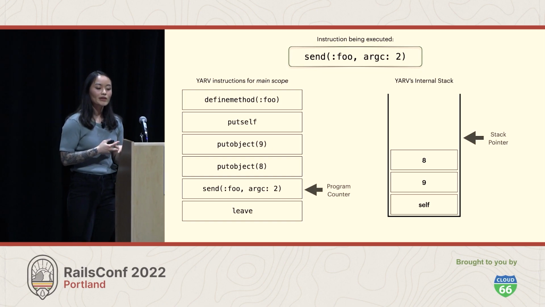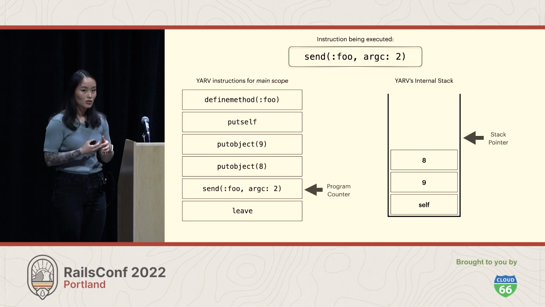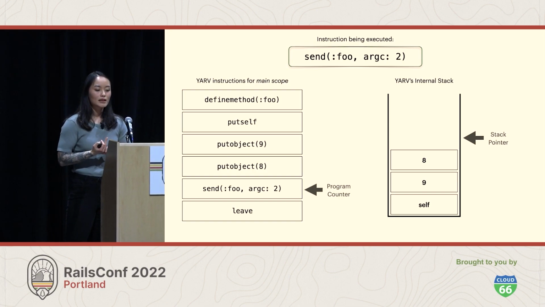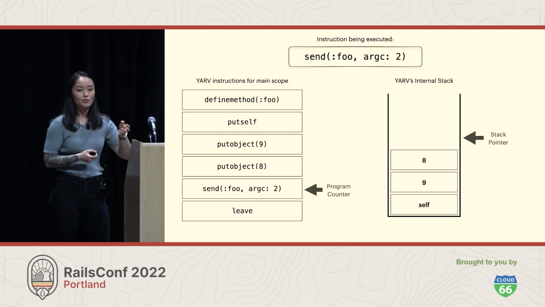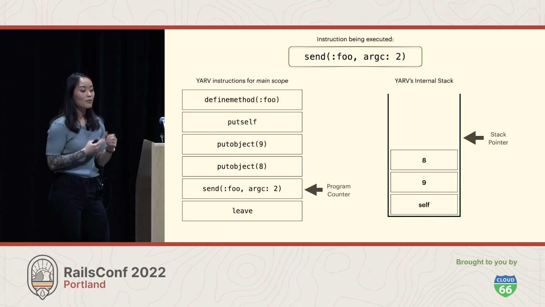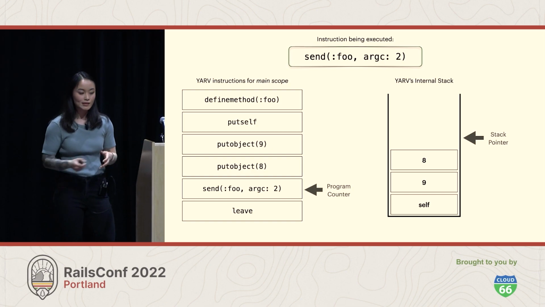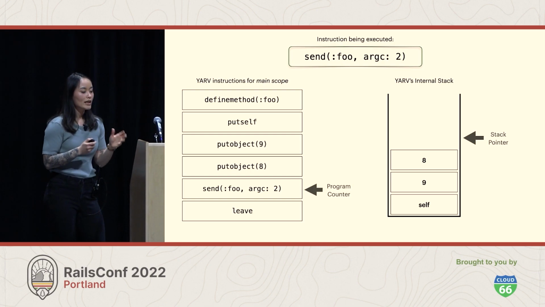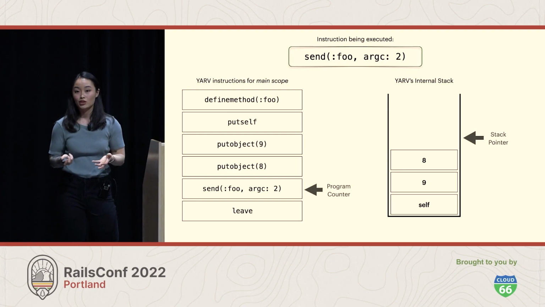So YARV will know that this is a user-defined method, something we've written in Ruby code, compared to the methods we've used previously, puts and add, which are both Ruby built-in methods. Once YARV sees this, we start executing the bytecode instructions for the method scope.